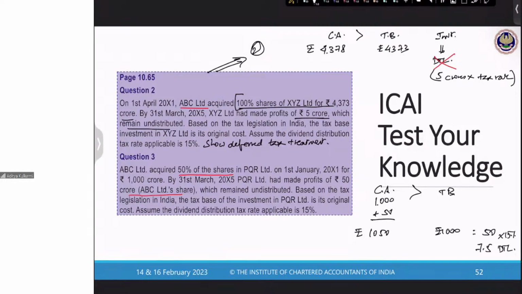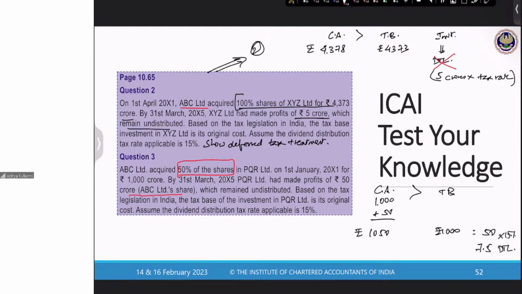But wait a minute. Am I controlling the dividend distribution of PQR Limited? Answer is no. You are owning only 50% shares. That means somebody else may be there whose ownership pattern I do not know. It is possible that I am not singly able to control the dividend distributability.